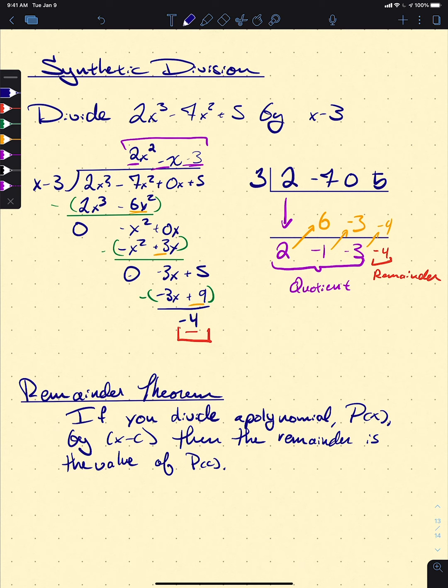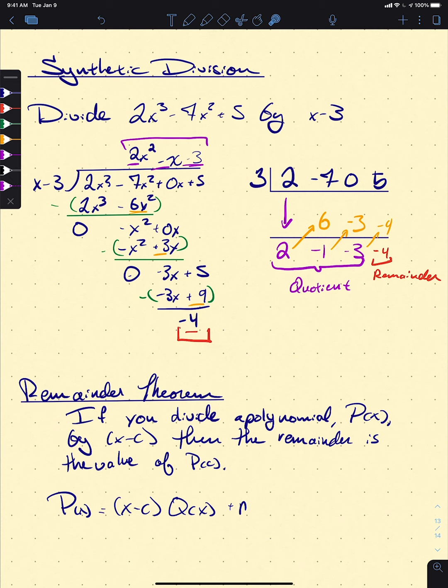Okay, we can sort of do a little 1 or 2 line proof of this, right? Let's say we divide it by x minus c. We're going to get some q of x plus our remainder. And note that this remainder must either be 0 or some number, right?